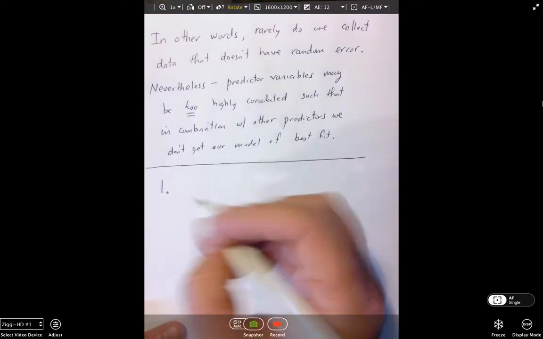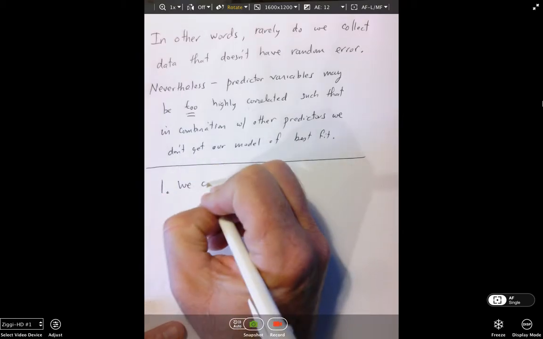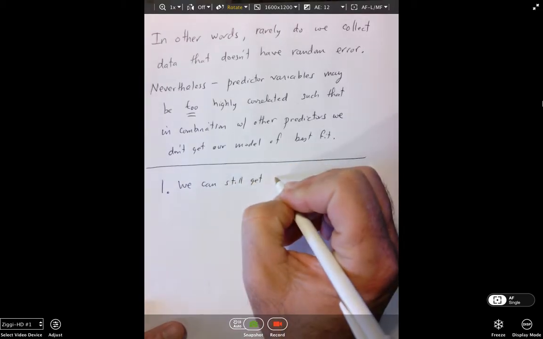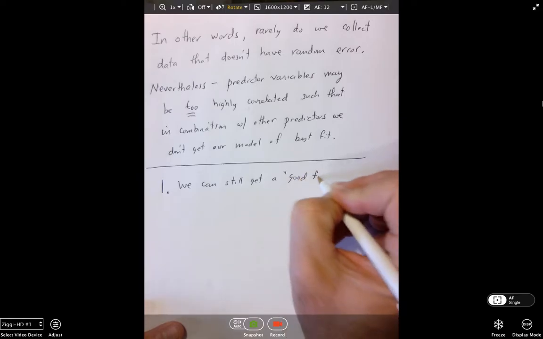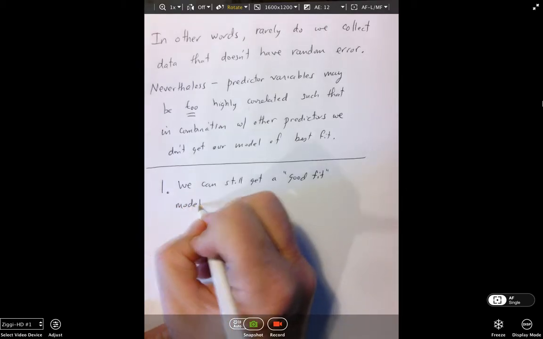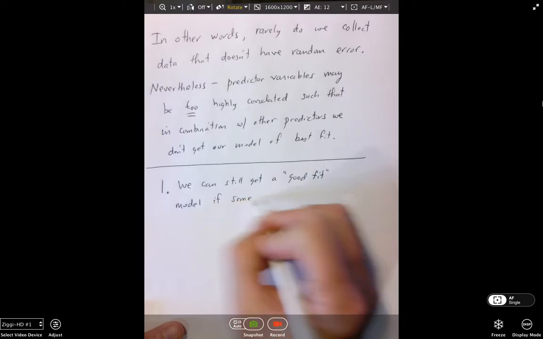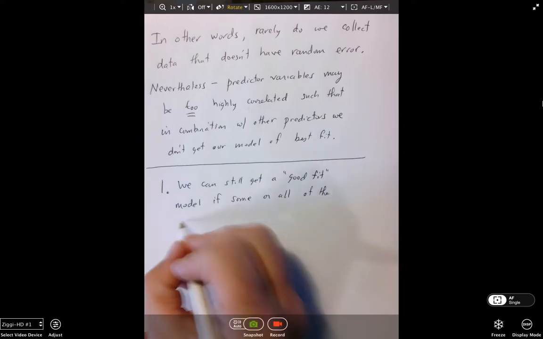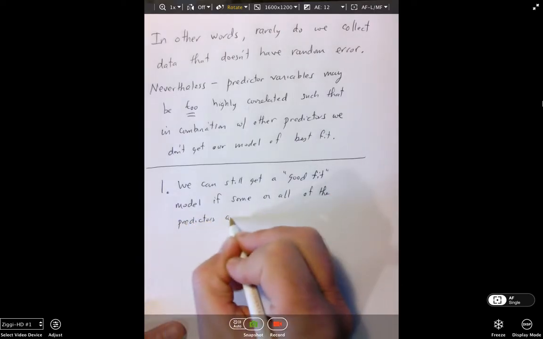So at the end of the day, we can still get a good fit model if some or all of the predictors are highly correlated.